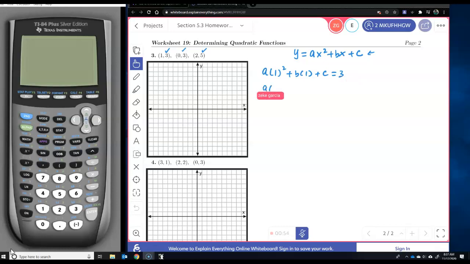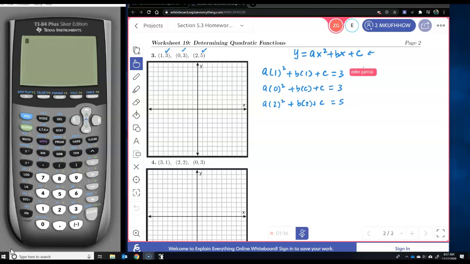And then we have A times 0 squared plus B times 0 plus C equals 3. And then the last one, we have A times 2 squared plus B times 2 plus C equals 5.